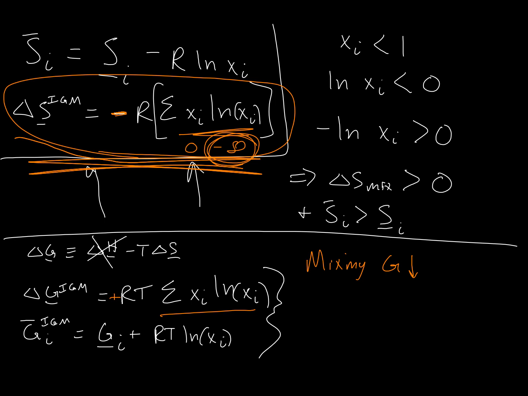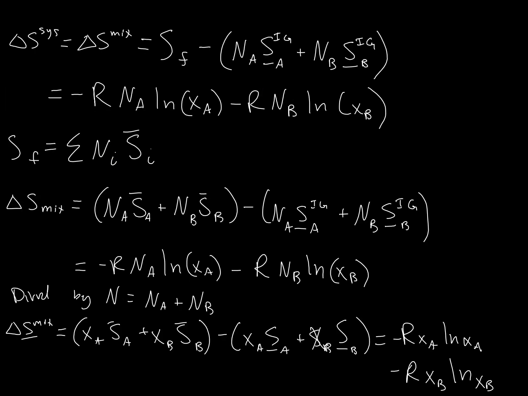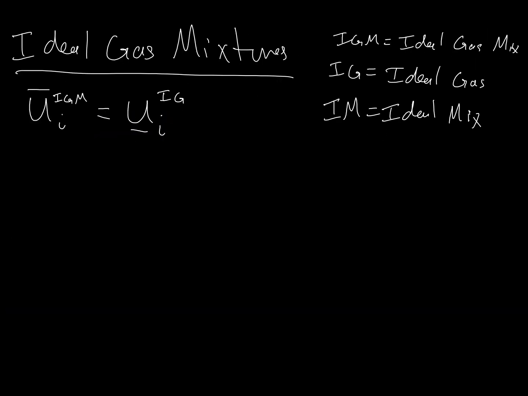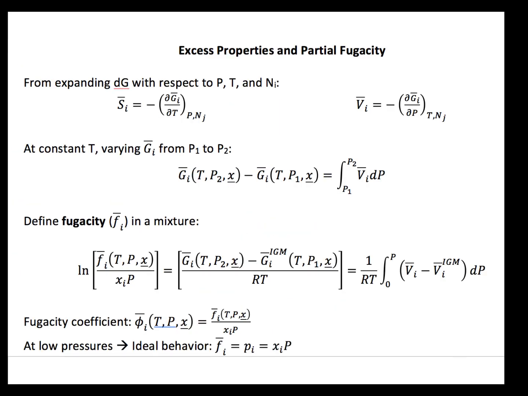Okay, so what we're going to do is go back to the sheet that I handed out and just rattle off a lot of these equations. We could go through the process, but basically, we could expand dG with respect to T, P, and n_i.